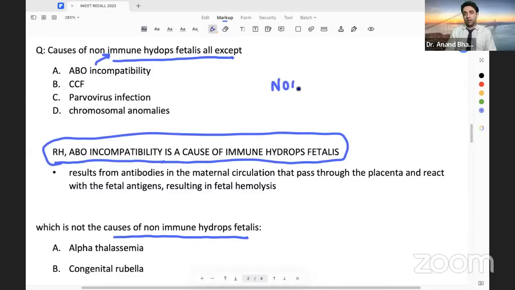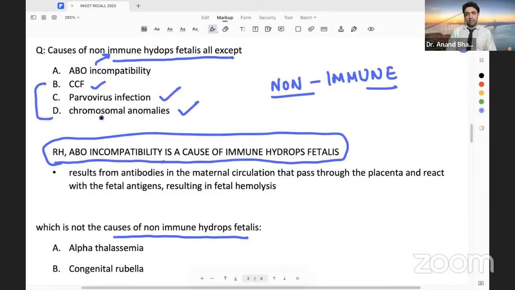Whereas non-immune hydrops fetalis has all the other causes, like infections, thalassemias, chromosomal abnormalities, parvovirus B19 infection, and congestive cardiac failure. So options B, C, D are all causes of non-immune hydrops fetalis, whereas ABO incompatibility and Rh incompatibility are examples of immune hydrops fetalis.